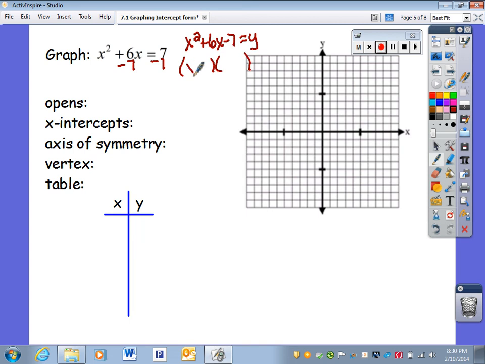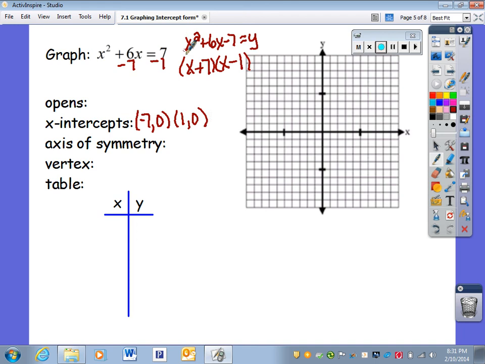So what two numbers can I multiply together that give me -7, but when I add them I get +6, and that's going to be +7 and -1. So what we do is we set these equal to 0 and solve, which means we're basically taking the opposite of what we see in the parentheses. So that's going to give us x-intercepts at -7, 0, and +1, 0.